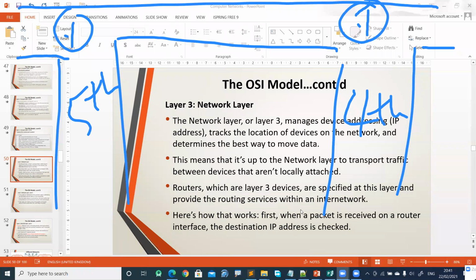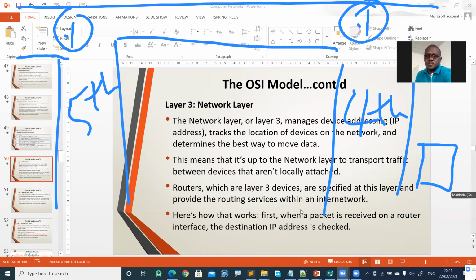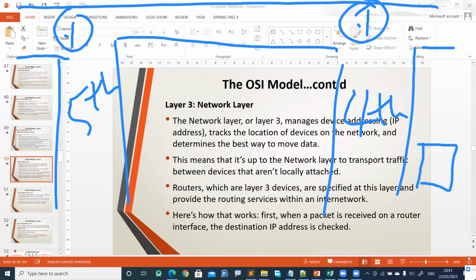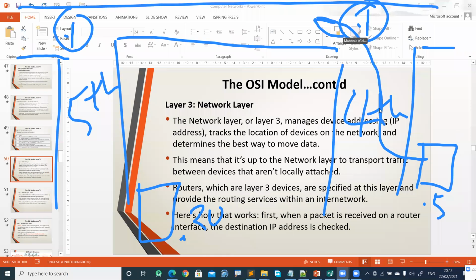So if there's a packet that is coming from that house, say for instance this house is .5, and then this packet is coming here to .20. So when you leave this, you come here, you pass through this.